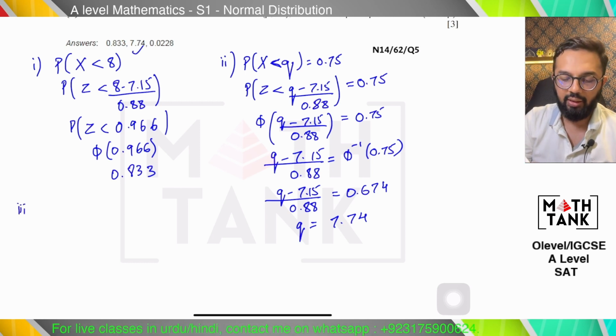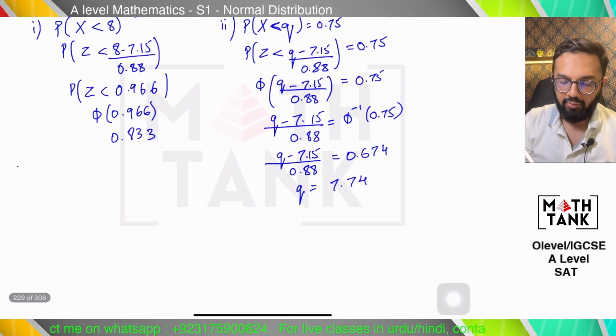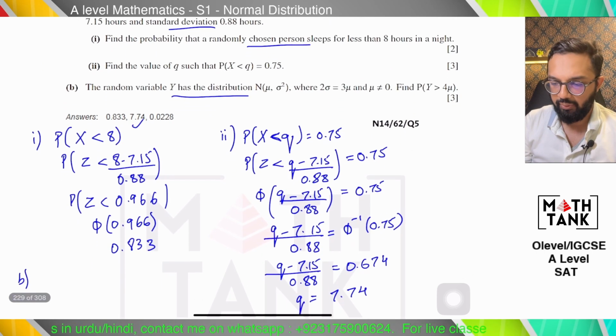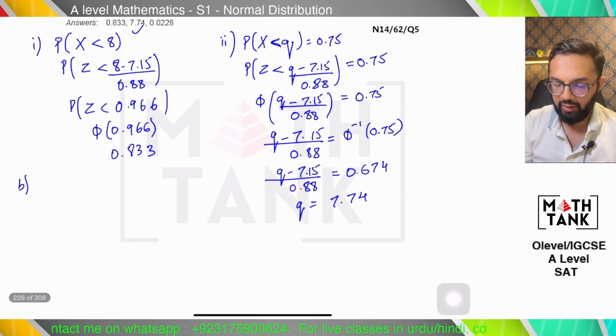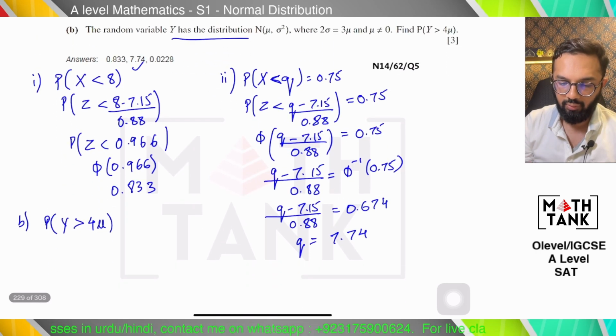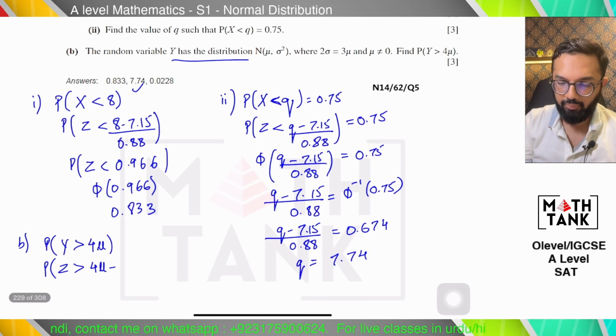Let's look at part 3 now. Part B, sorry. Let's do part B. It says the random variable y has the distribution where 2 sigma equals 3 mu. Find the probability of y greater than 4 mu. So z is 4 mu minus mu.